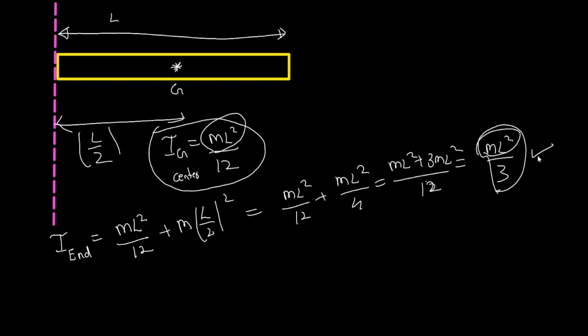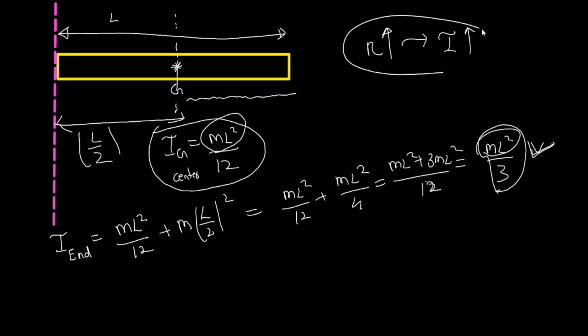So in this situation the end value is greater. Why is it greater? If the reference axis is at the center, the masses are distributed nearer to the axis, but here the masses are distributed over a larger distance. So as the distance of the mass distribution increases, the I value also increases. Getting my point? This was all about mass moment of inertia.